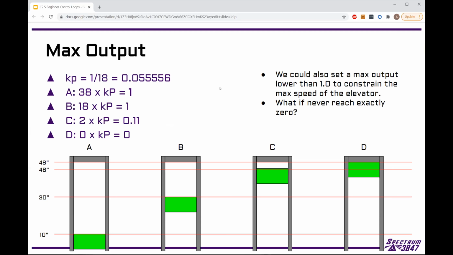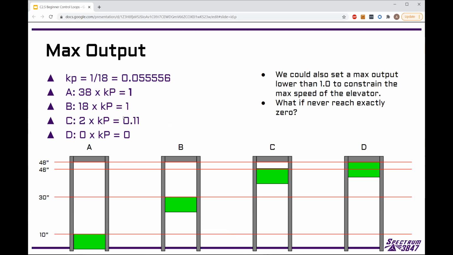There's also times where we may not actually want the output to ever be full speed. Maybe 1.0 is just too much. Maybe it starts up too fast and it jerks, which we'll actually see in a second when we start doing the live demo. So we can use that same max value to constrain the max speed even more. So instead of 1, we could set it to 0.5, and now it'll just use 0.5 through here.